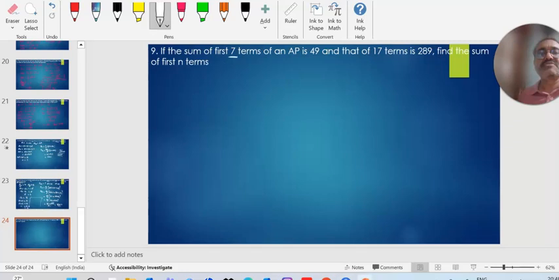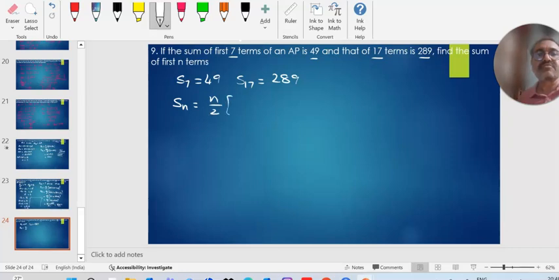If the sum of first 7 terms of an AP is 49 and that of first 17 terms is 289, find the sum of n terms. That means the given one is S7 is equal to 49 and S17 equal to 289. So we know that Sn is equal to n by 2 into 2a plus n minus 1 into d.